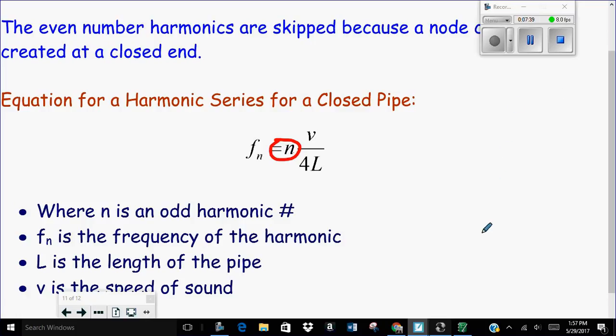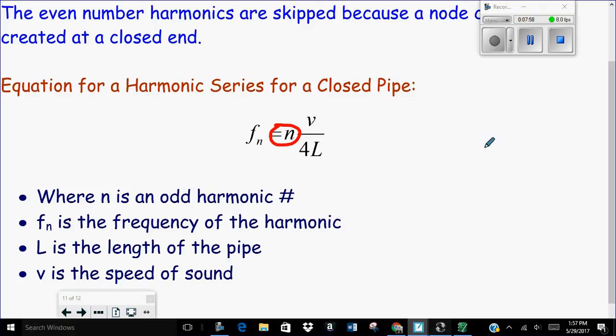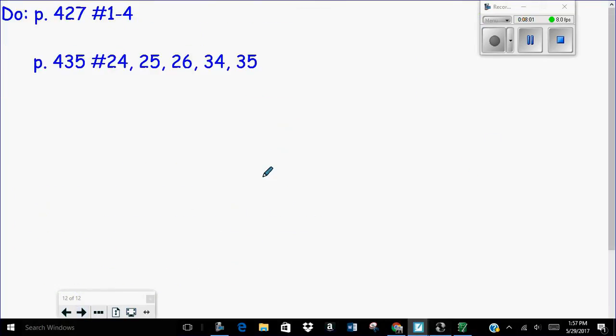And it's divided by 4 times the length because remember, the first fundamental frequency is 1/4 wavelength long. Write this formula down in your notebooks and label this the formula for a harmonic series for a closed pipe. You are now prepared to do the following problems: page 427, 1 through 4, and 435, 24 through 26, 34, and 35. Hope you enjoyed this video and have a good afternoon.